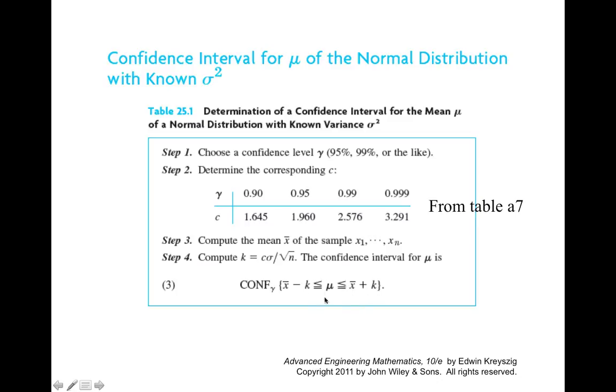Okay, now what does this mean in actual words? Let's say I have a set of data points, x1 to xn, and I want to be able to say with 95% confidence that that set of data points represents the general population. So what I do is, if I have a known variance, I look up this variable k.